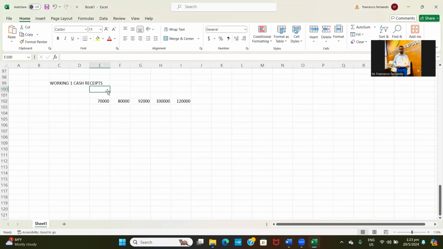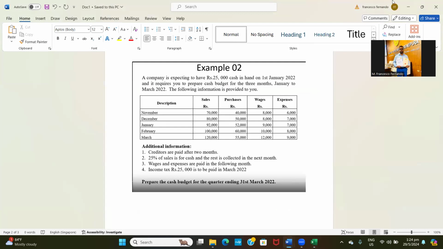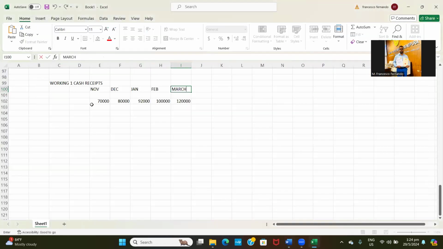So the months are November, December, January, February, and March. The question says that 25% is in cash and the rest is collected within the following month.